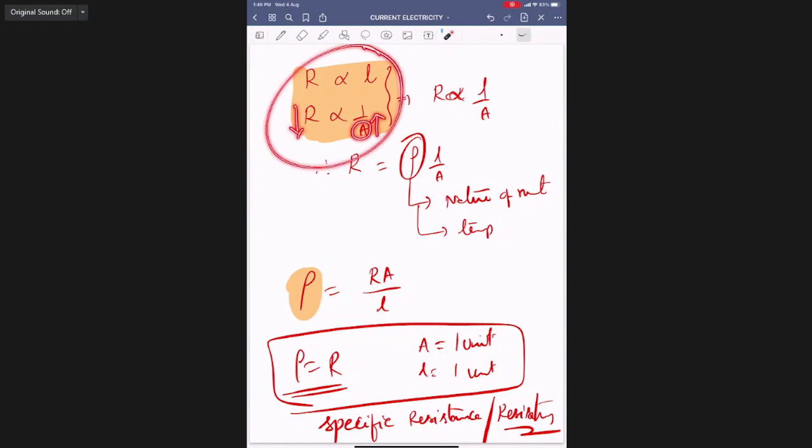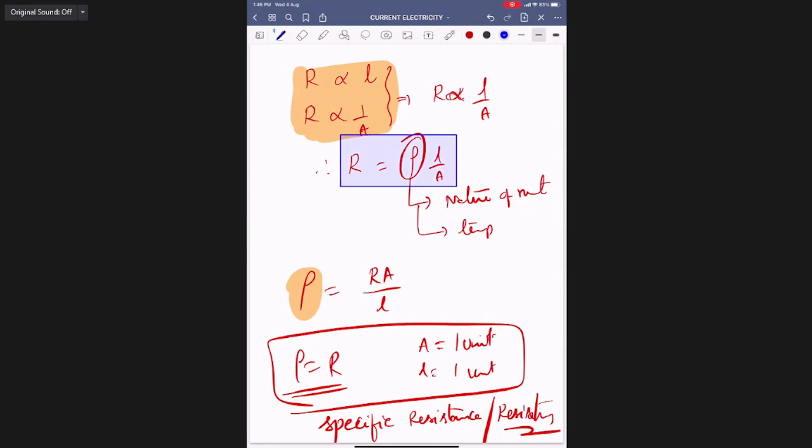Then combining these two, R is proportional to L by A. Then R is equal to some constant into L by A. That constant is nothing but what we call resistivity. It is constant for a given material. It does not depend on dimensions.